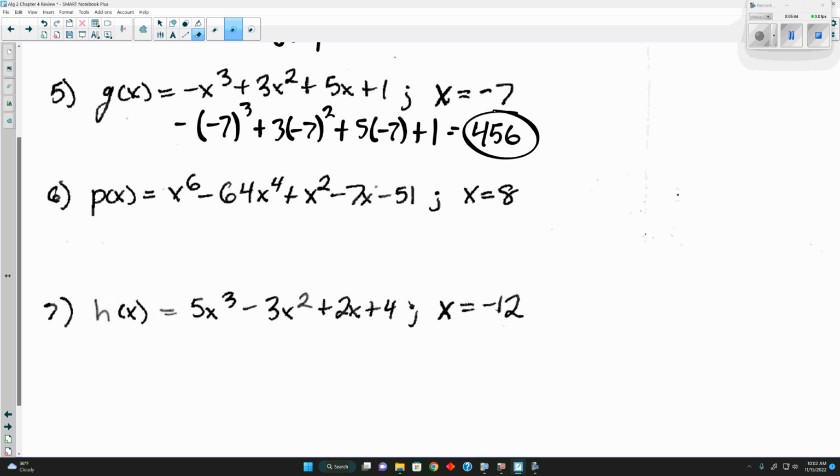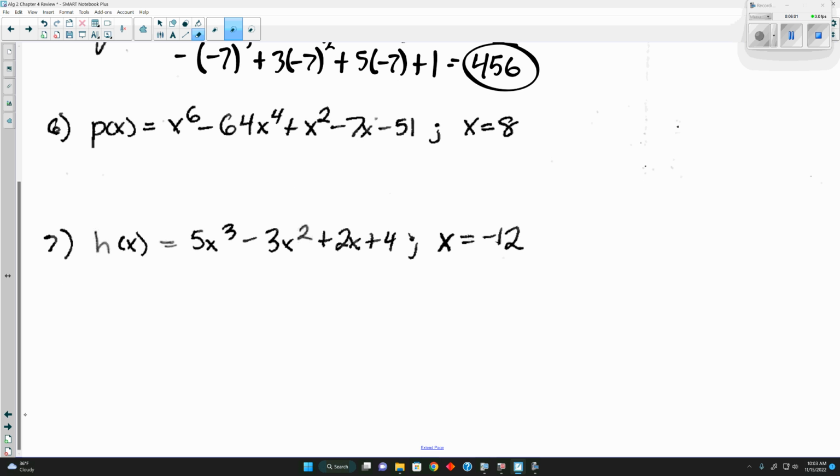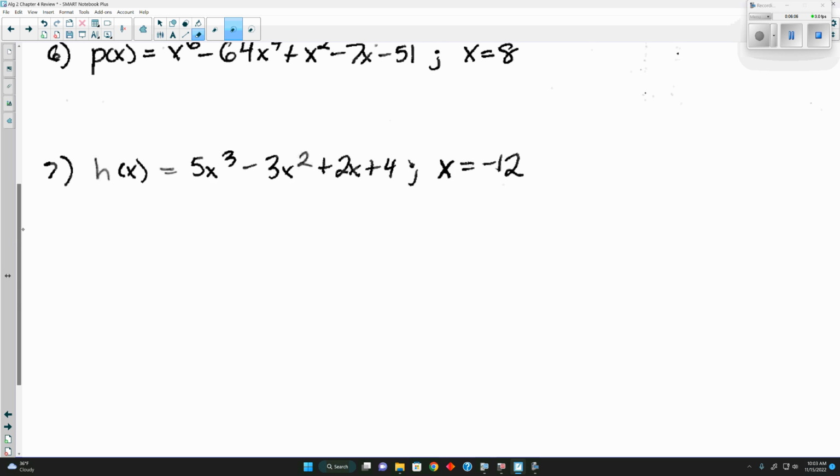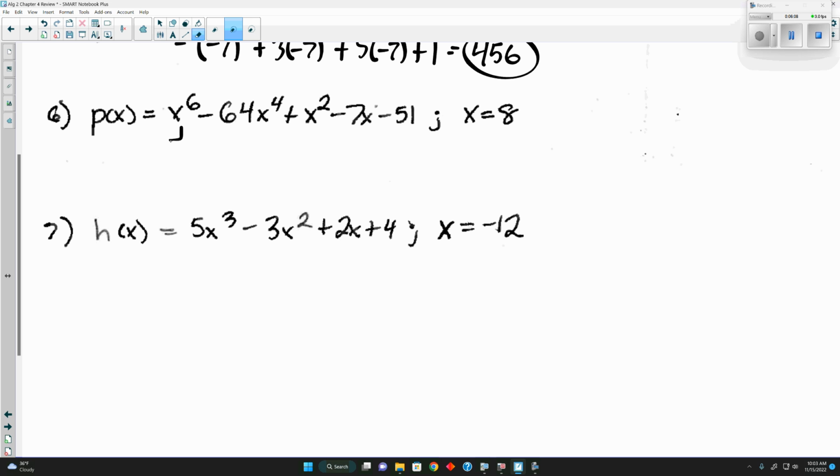Any other questions on 6 or 7? Because if we wanted to, with synthetic division, either one of these are going to be nice. Oh, okay. Because with number 6, we could say 8, 1, 0 for x to the 5th, negative 64 for x to the 4th, 0 for x cubed, 1 for x squared, negative 7, negative 51.